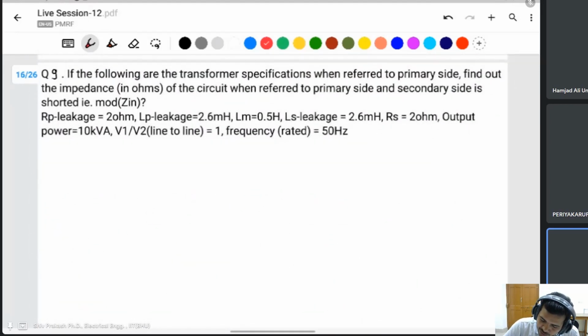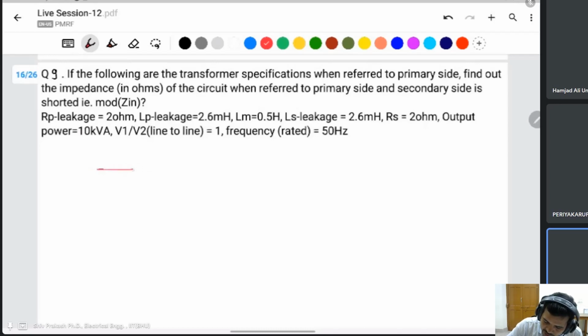The following are the transformer specifications referred to the primary side. Find out the impedance in ohms of the circuit when referred to the primary side and the secondary side is shorted. The transformer equivalent is already a referred value.